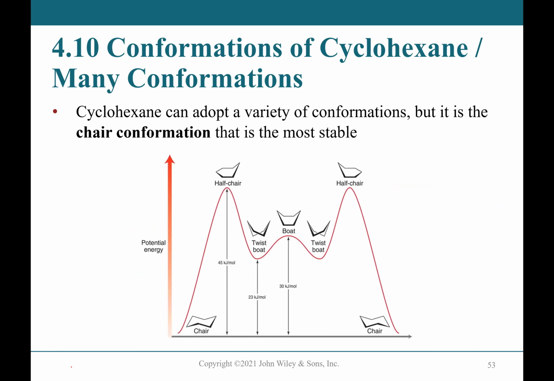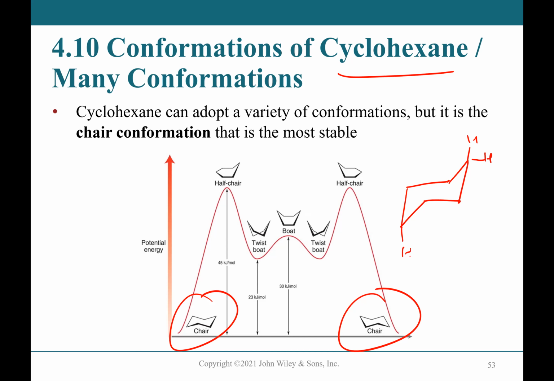And this will be the last slide that we do today. They're talking about cyclohexane, and what is the most stable conformation of cyclohexane? We've mentioned this already, that it's the chair conformation. And why is the chair conformation the most stable? Let me see if I can draw this real quick. It has to do with where the hydrogens are located.